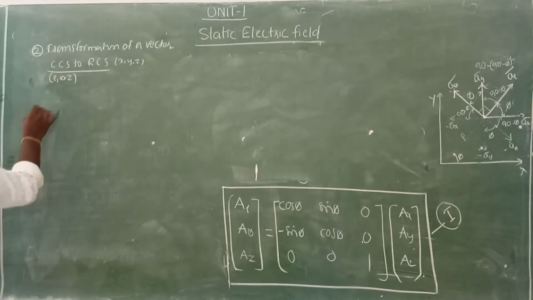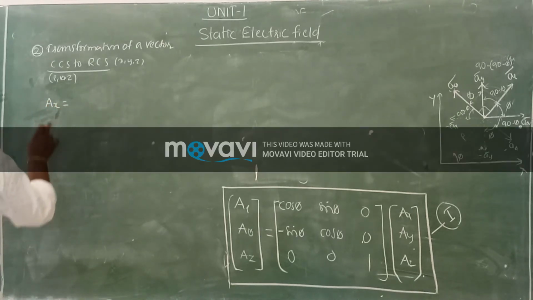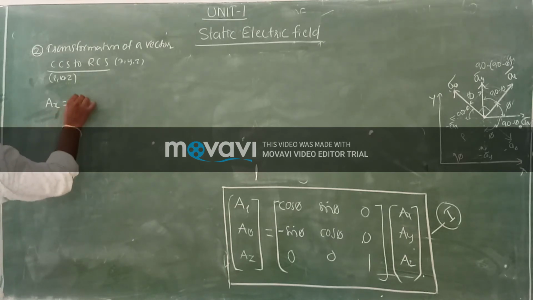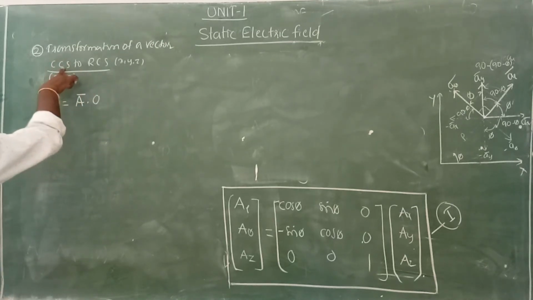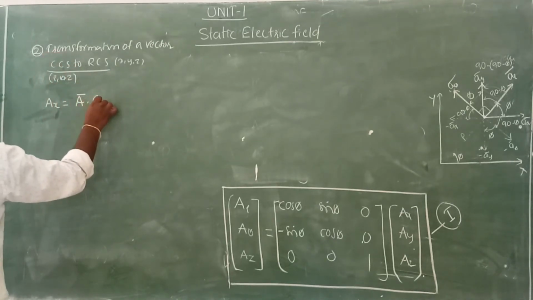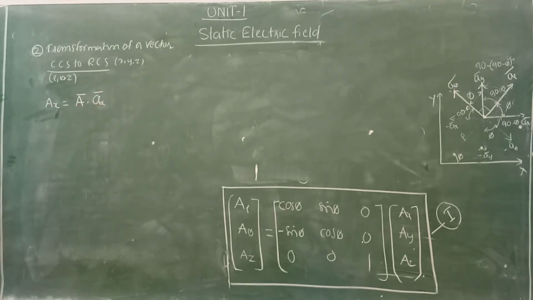Okay. Now see, in this conversion I would like to calculate Ax. If you want to calculate the magnitude of the x component Ax, it should be the dot product of the vector within the cylindrical coordinate system dotted with ax bar. Why?